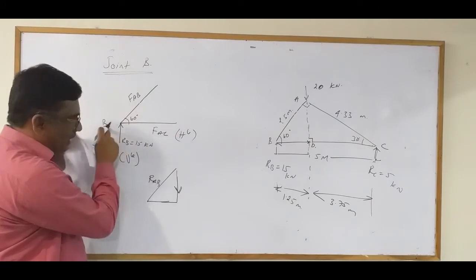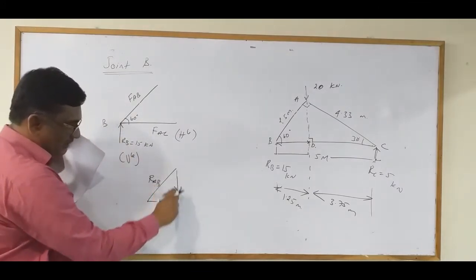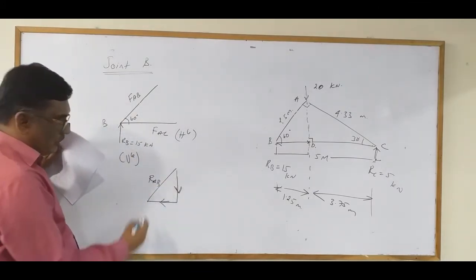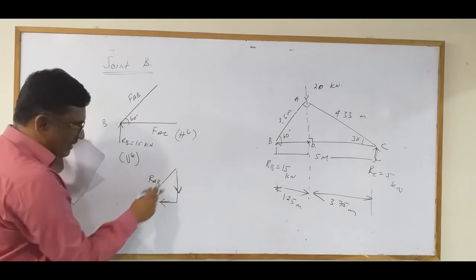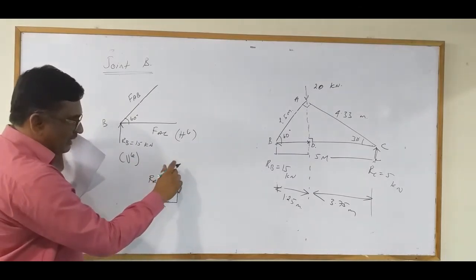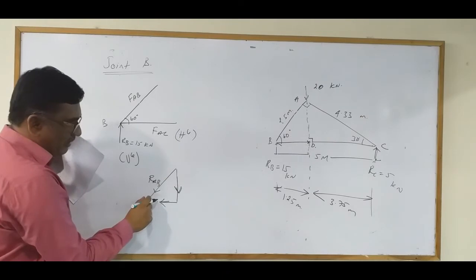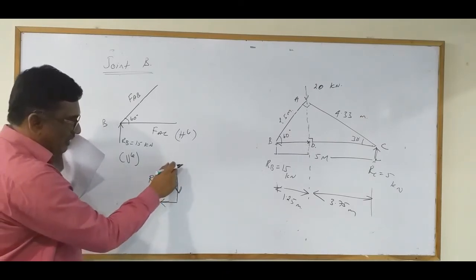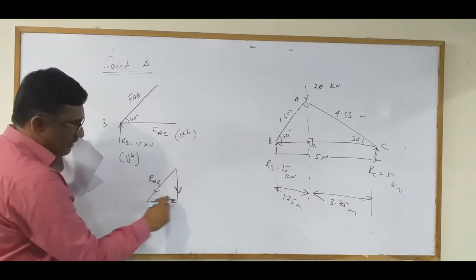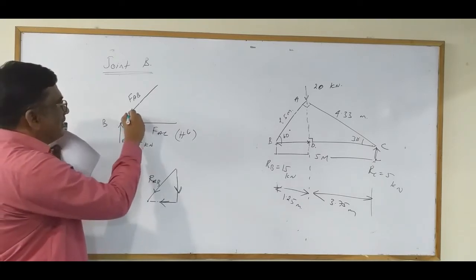Now it has to come this way, so it is traveling in this direction. In the vector diagram, mark the direction like this: from here to here, so mark this direction for this force.